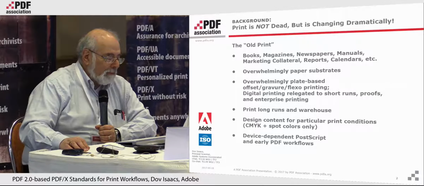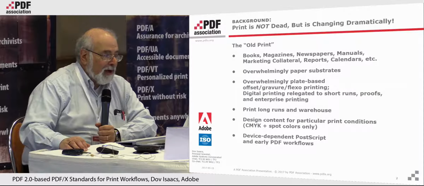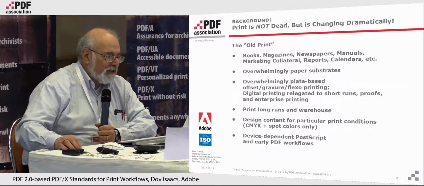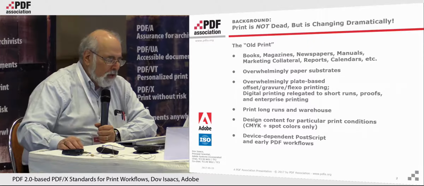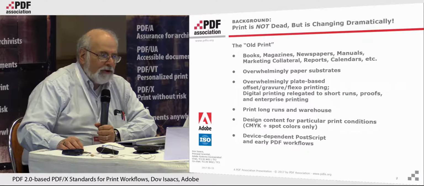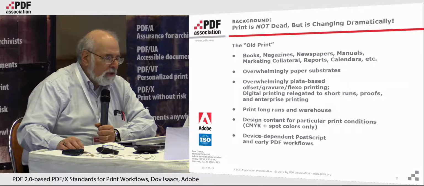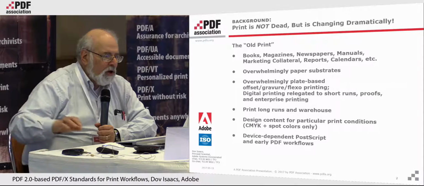Other things could be printed on, but it was primarily paper, dead trees. It is overwhelmingly plate-based: offset, gravure, some flexo. Digital printing was relegated to short runs, proofs, and enterprise printing. Enterprise in the office. In other words, low-end laser printers. The typical characteristic of printing commercially was you printed long runs and you put the copies in a warehouse and you distributed what you had.